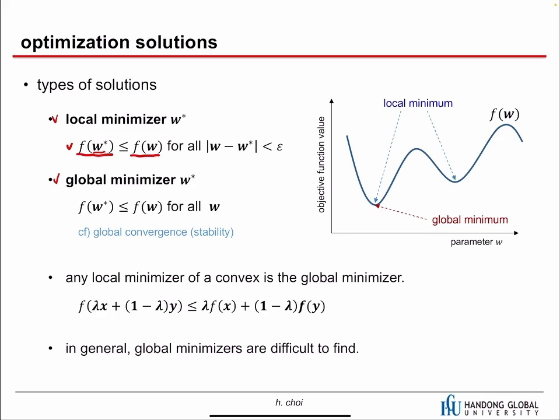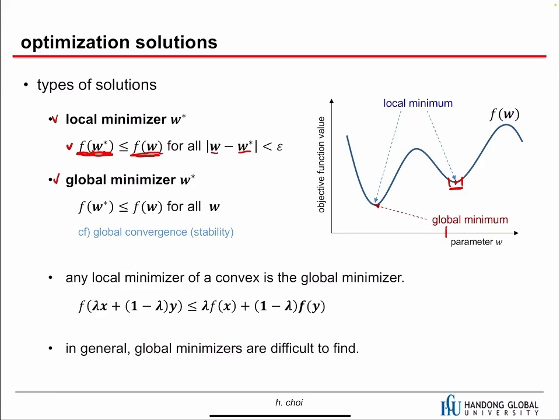So as long as w is close to w star, then f of w star is always smaller than or equal to f of w. In this figure, this is a local minimum, and this one is also a local minimum. If we focus on this local area, then if we change w in this way, f of w star is smaller than f of the other parameters.